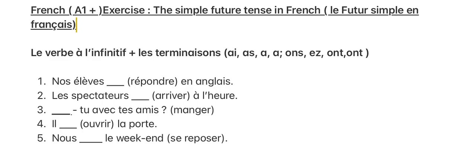So the simple future tense is a tense that one uses to describe an action that will take place in the future. The action will take place with utmost certainty in the future.